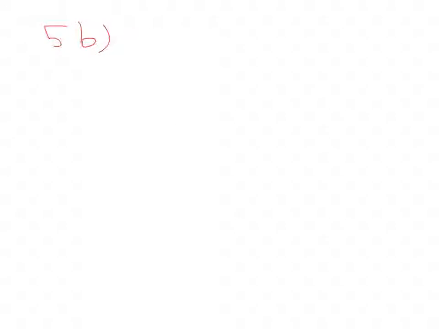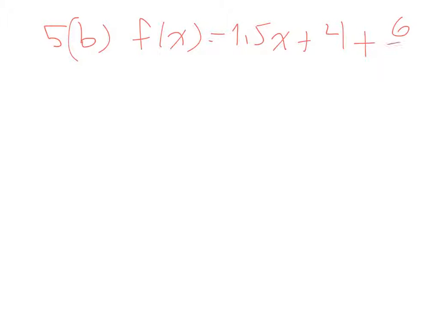Finding the derivative. Okay, our function is f of x is equal to 1.5x plus a constant 4 plus 6 over x. Okay, we want to use the power rule, so we should find the exponents and use the exponents to find the derivative.